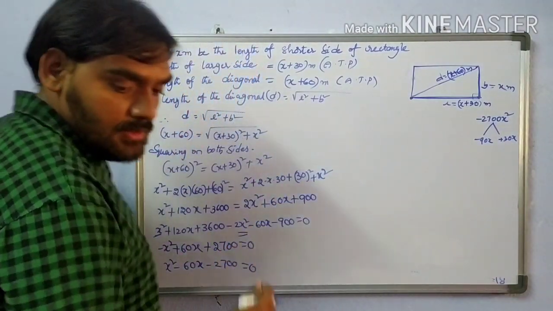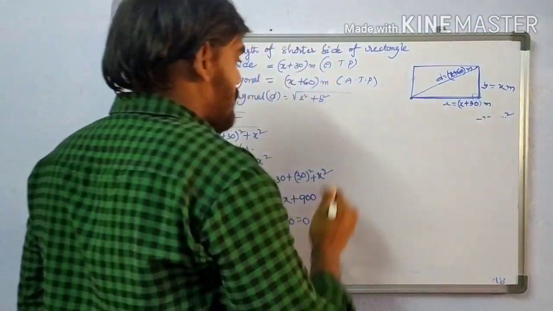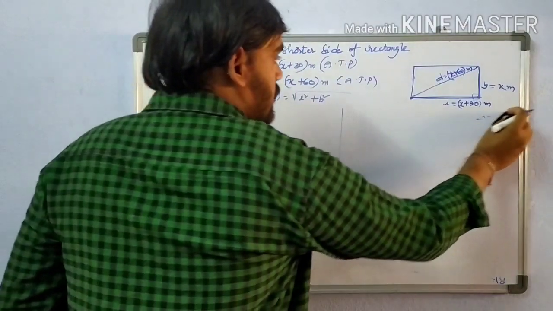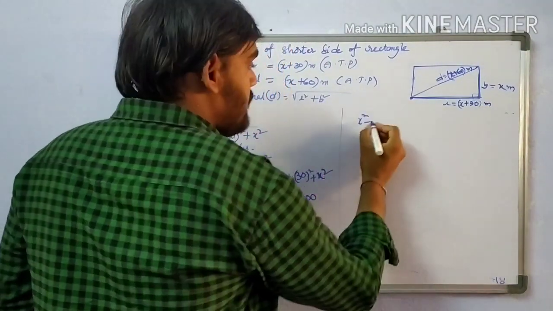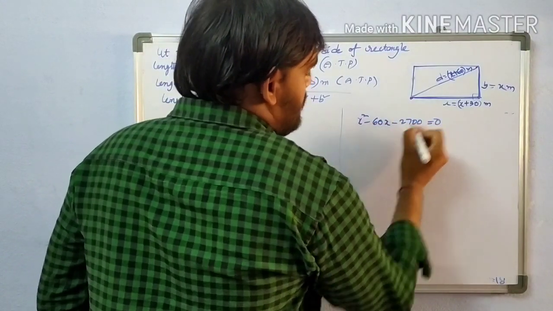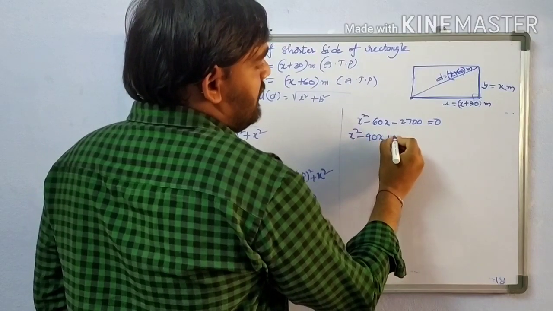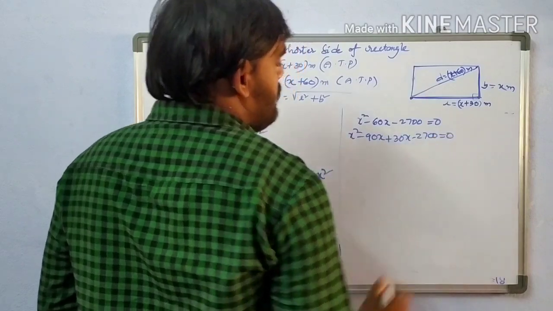So x square minus 60x minus 2700 is equal to 0 I can write as x square minus 90x plus 30x minus 2700 is equal to 0.